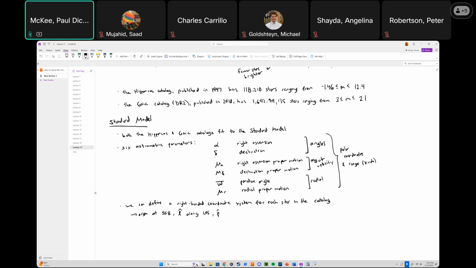Sorry, I know that's confusing. P is the right ascension direction, so the direction of increasing right ascension. And then Q, again, this is not your quaternion, and it's not the Q from parafocal reference frames. We're running out of letters, sorry. Q is declination direction.